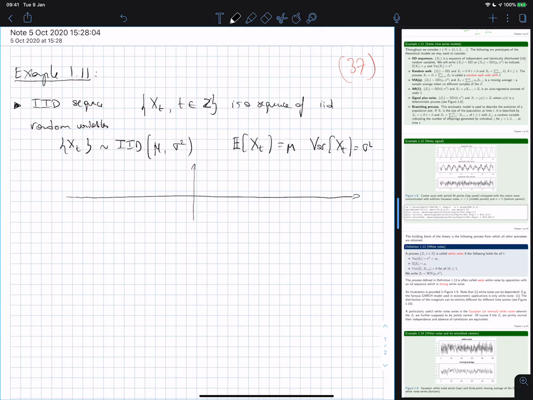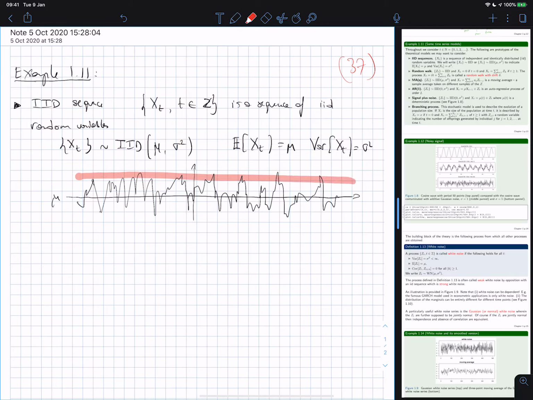So it could be typically something like this, if we looked at the evolution in time. My drawing is probably not very good, but it looks like just noise around a given value mu. There is no clear evolution in time. The variance seems to stay the same, and there is no clustering of any kind.